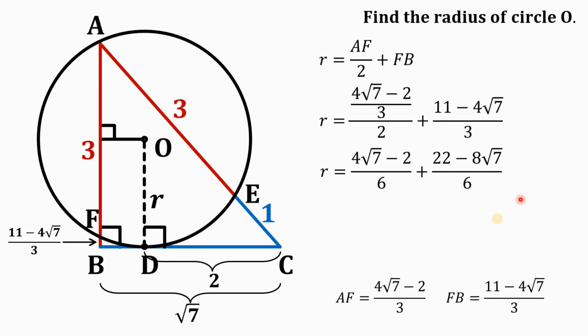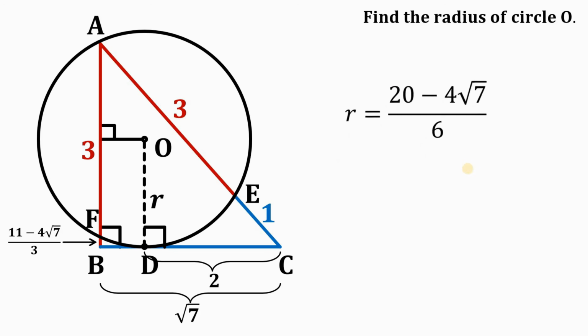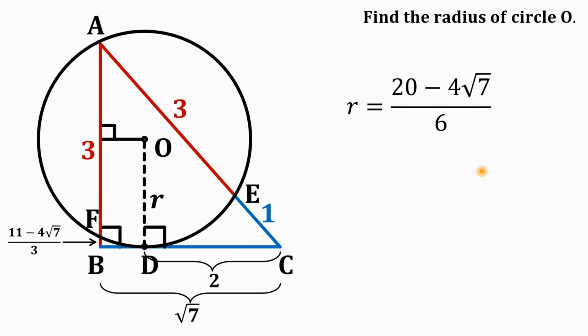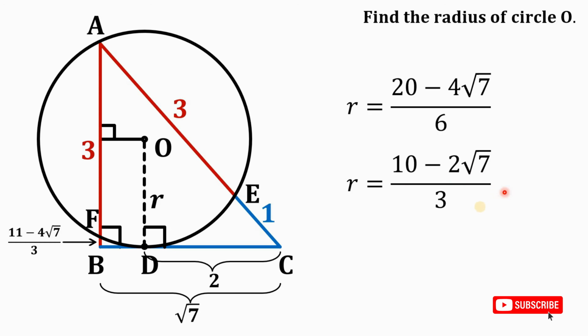Now, combine like terms, we get that R is simply equal to 20 minus 4 times square root of 7 all over 6. And if we simplify more, divide the numerator and the denominator by 2, we get the desired result as 10 minus 2 times square root of 7 all over 3.